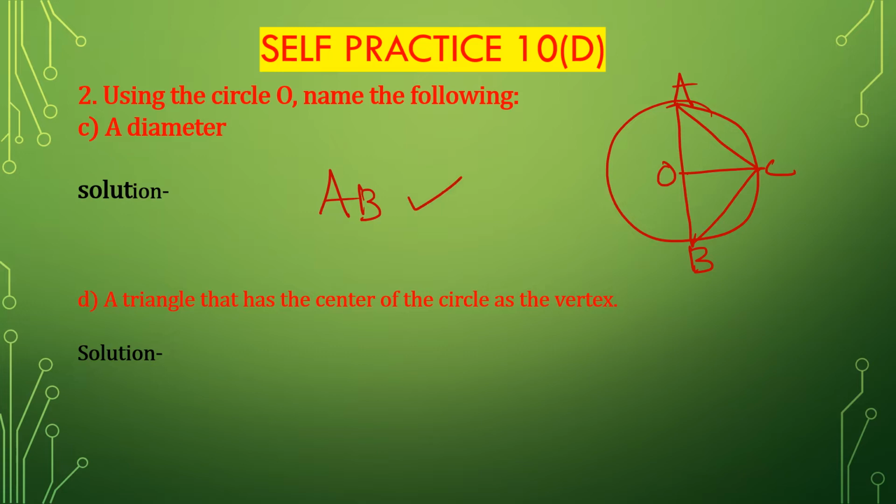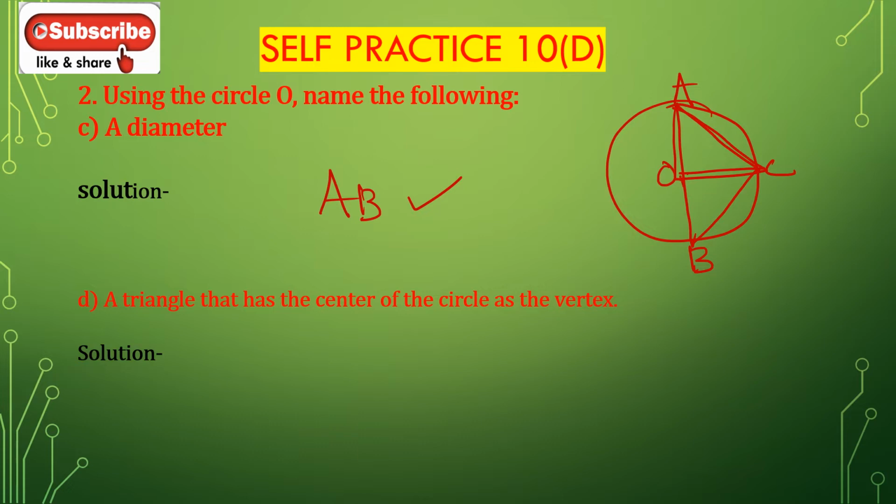D bit. A triangle that has the center of the circle as the vertex. O is the center and the triangles are OAC. OAC is a triangle and OBC is a triangle.